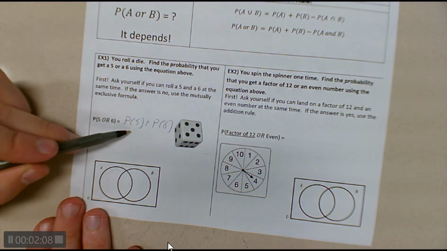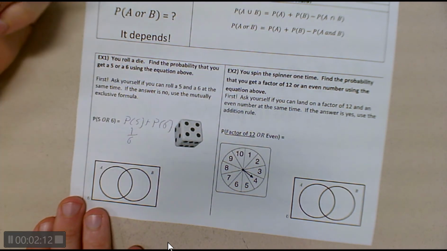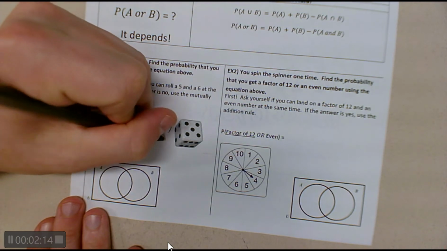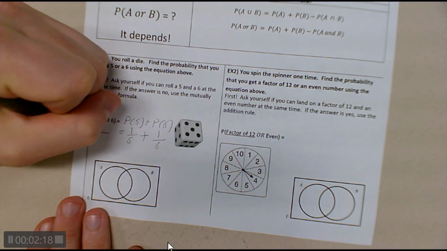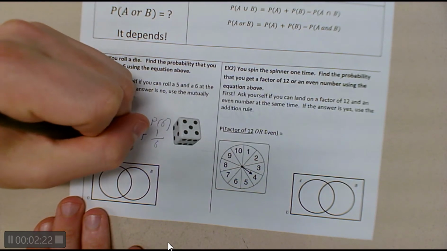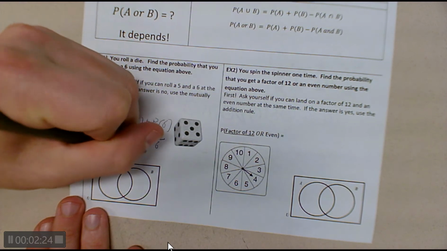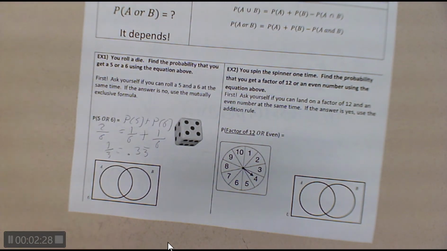There are 6 total options. One of them is a 5. So the probability roll a 5 is 1 out of 6. Probability roll a 6 is also 1 out of 6. When you add that, you get 2 out of 6 or 1 out of 3, which is 0.33 repeating. Okay? So there's your probability of rolling a 5 or a 6. It's a 1 in 3 chance. It's 0.33, 33%. Okay?